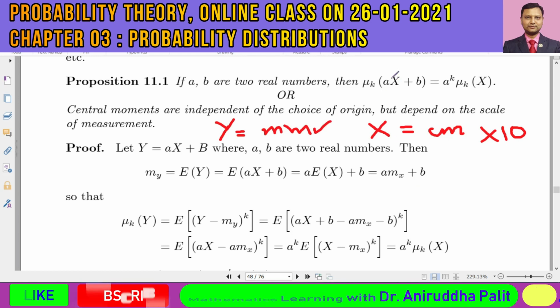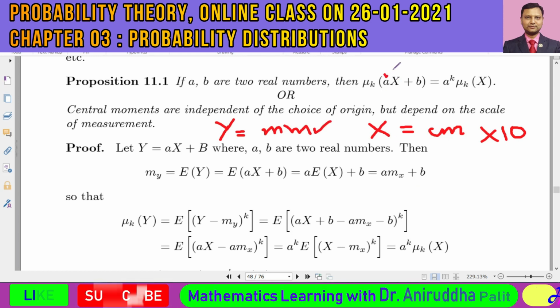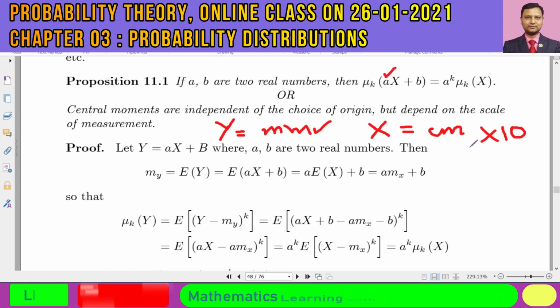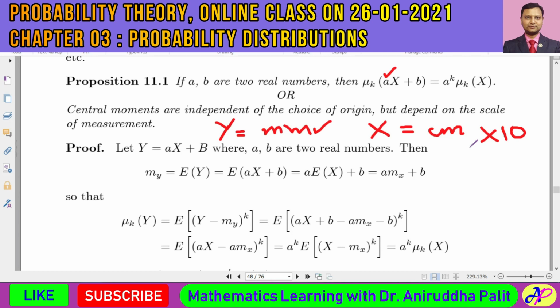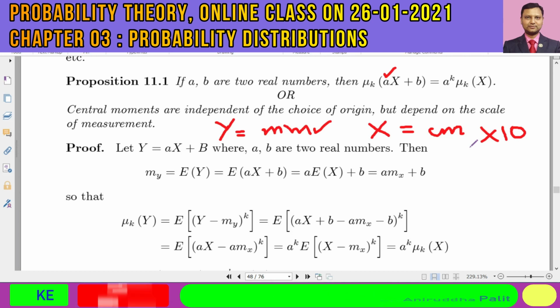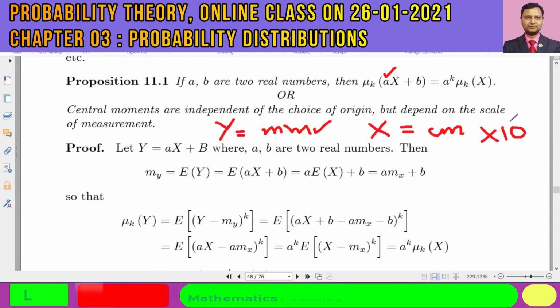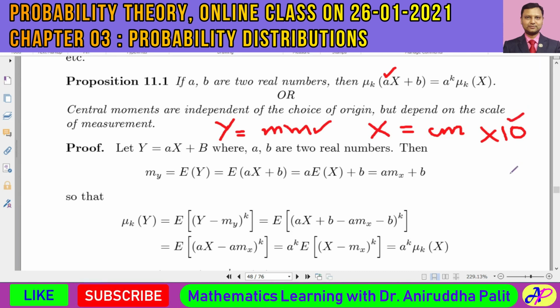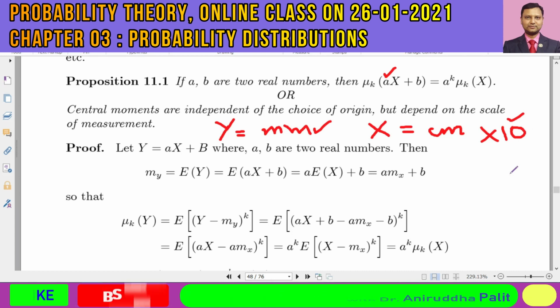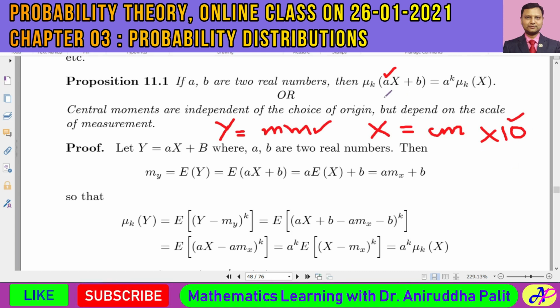So that is the idea: whenever the random variable X is multiplied by a constant a, it represents a change of scale. That means maybe from the centimeter scale to the millimeter scale, from a lower scale to a higher scale, or from a higher scale to a lower scale, depending upon the value of this constant. Sometimes we divide the random variable X by a number a.